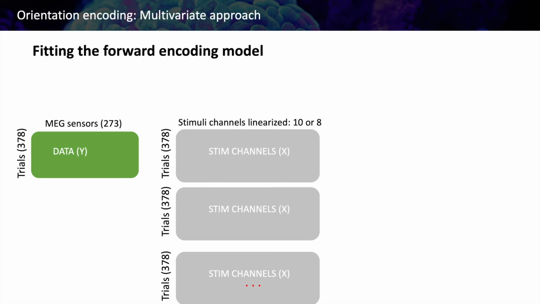We will start fitting the forward encoding model following a multivariate approach. I think we can summarize the ways to do this as multivariate or univariate. This is a multivariate approach because we will fit a multiple linear regression model, using all the different sensor features of the scanner and half of the trials of the data set.